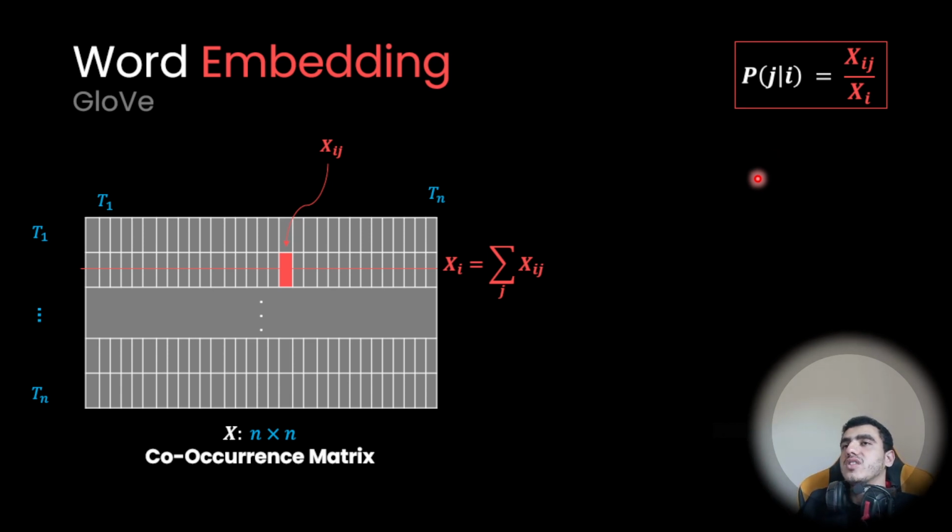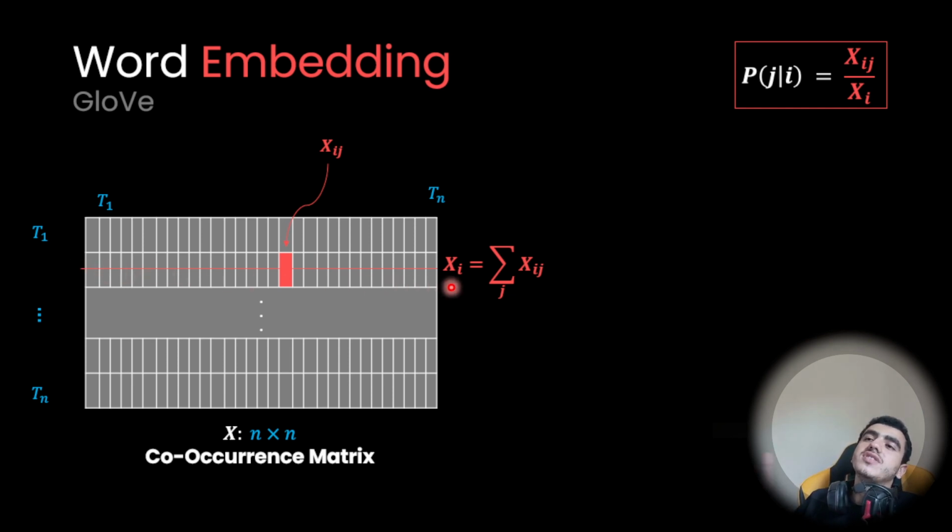For example, here I'm counting this joint probability, the fraction of the number of times token I existed with token J, how many times they exist together, over how many times token I exists across the whole corpus.